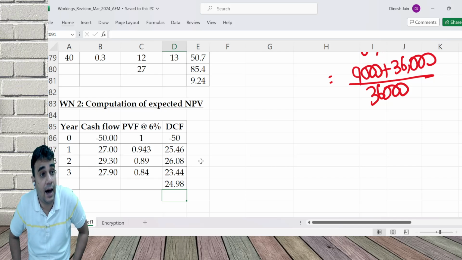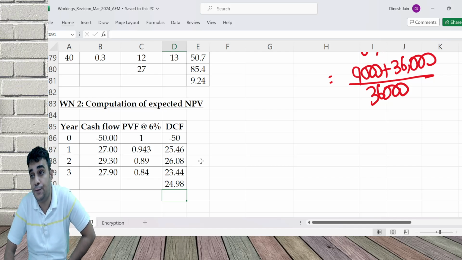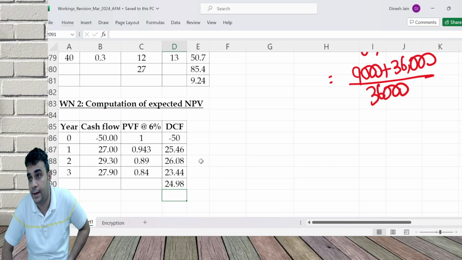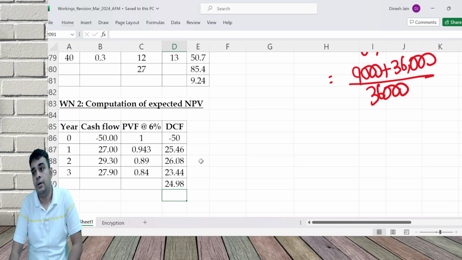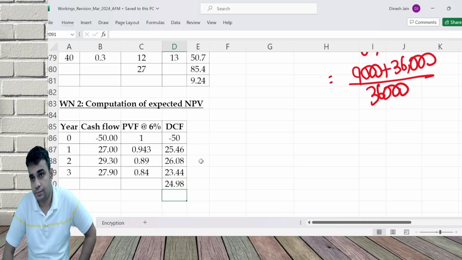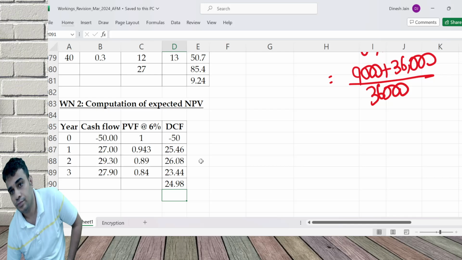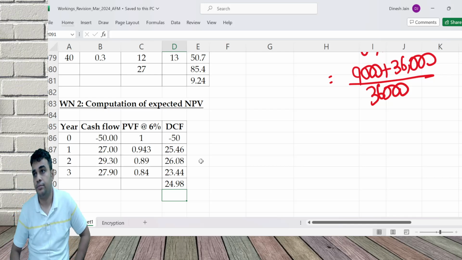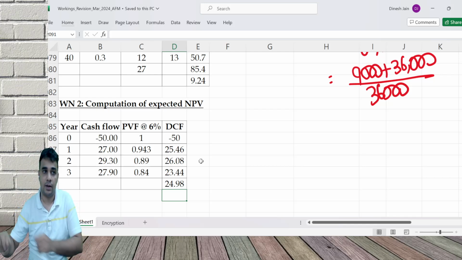The same will be the answer if you take 64 different NPVs and then do a weighted average. Clear? Can you proceed?